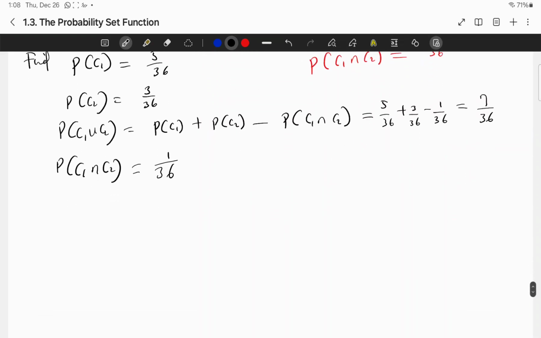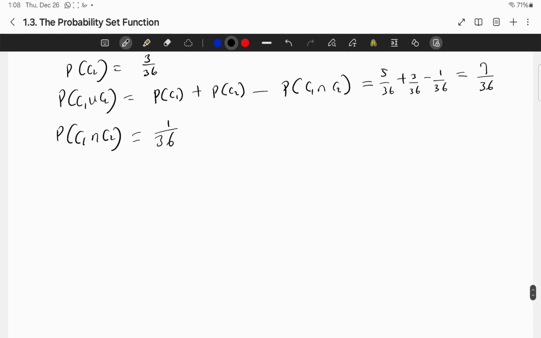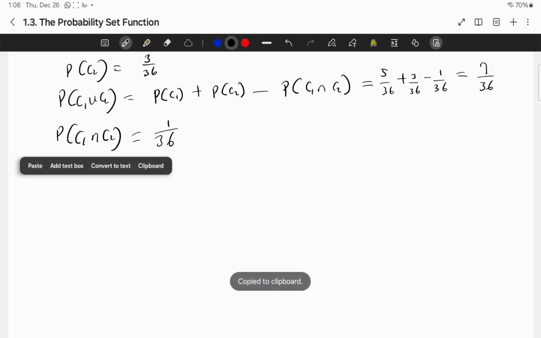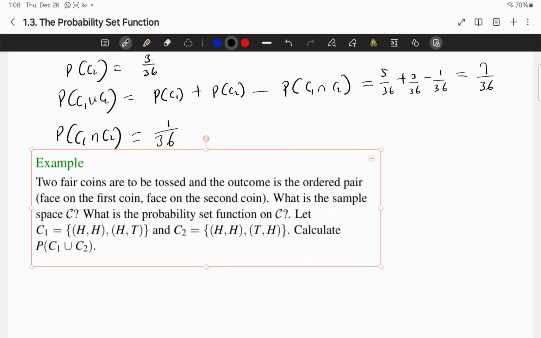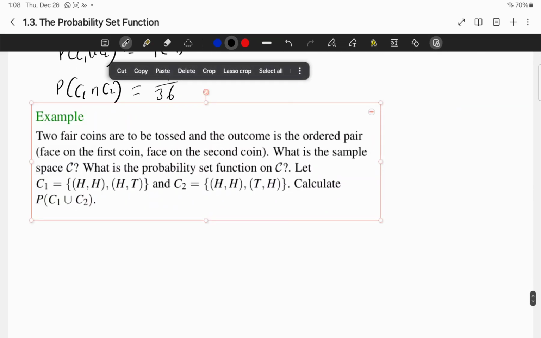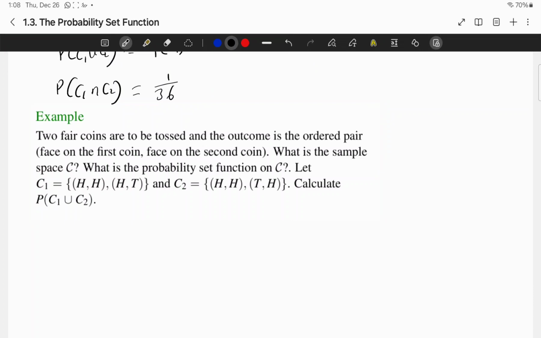Then we can also check another example. Two fair coins are to be tossed, and the outcome is the ordered pair of faces, first coin, second coin.